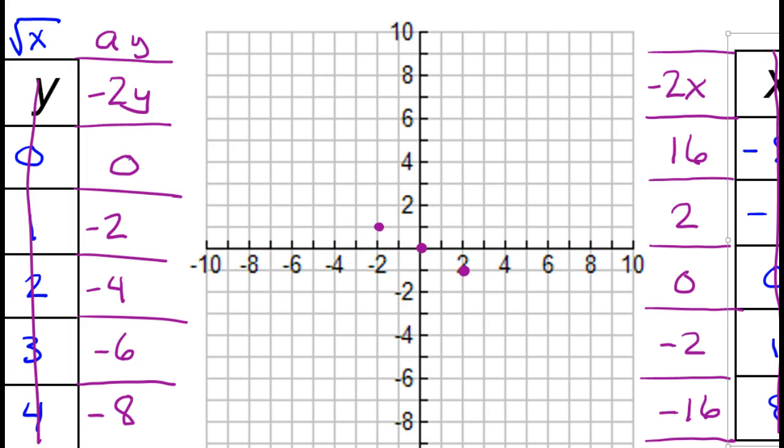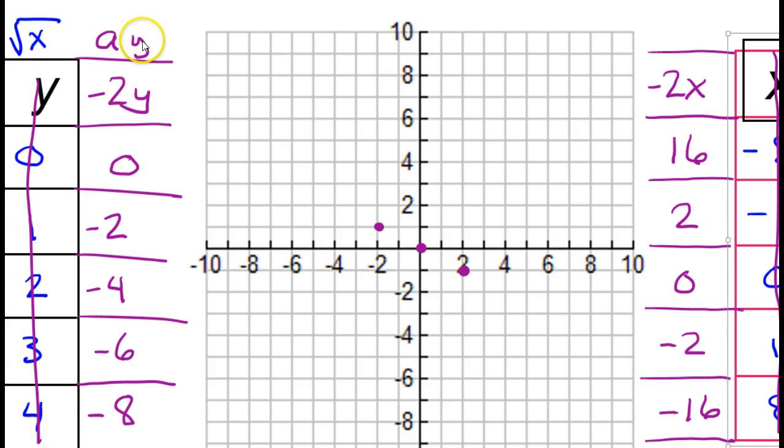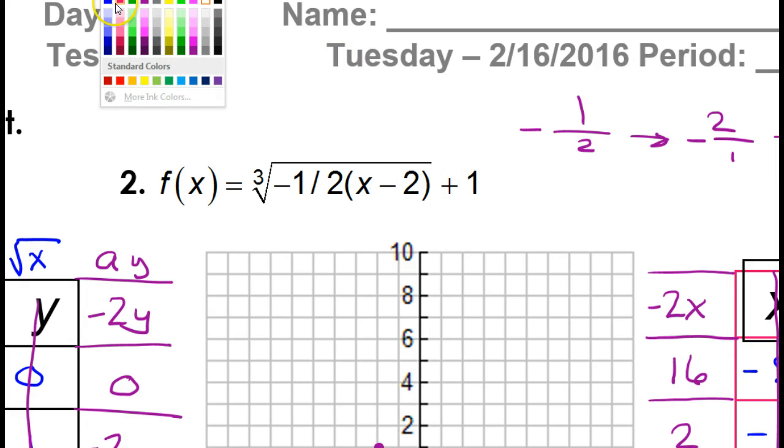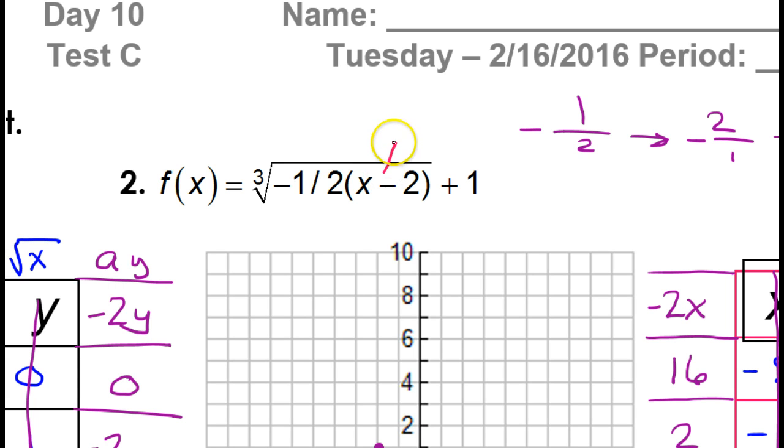I'm not going to actually connect the dots yet. I'm getting ahead of myself. We haven't done the -2 and the 1 yet. So slow down. The -2 is going to be a shift to the right 2.